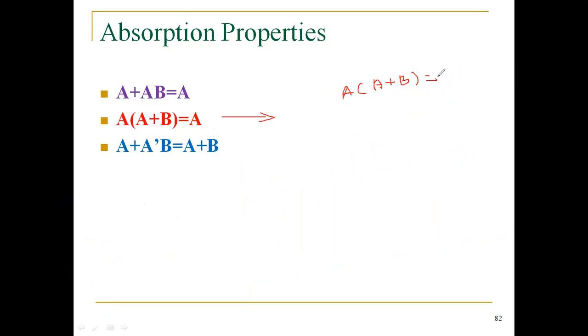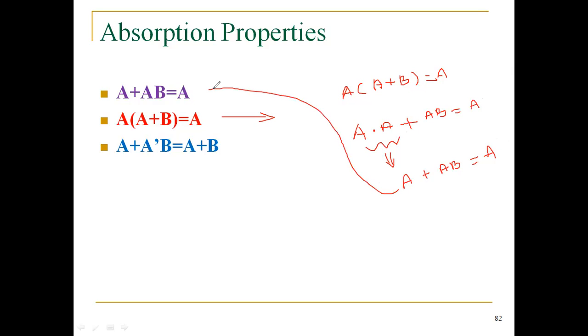How can we prove this? A dot A plus A B equals A. So it is redundancy: A dot A equals A, plus AB equals A. This reflects the property, so according to this property A plus AB equals A here. Hence LHS is equal to RHS.